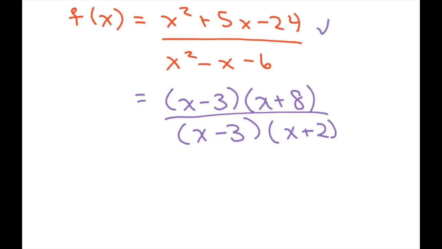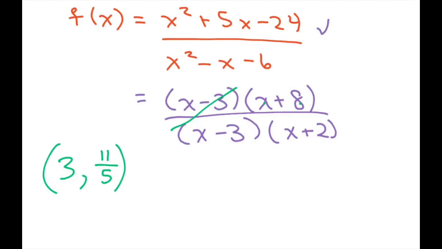So the same thing happens with this one. We're going to have a removable discontinuity here at 3. So that's where x is 3. So plug it back in. So 3 plus 8 is 11 divided by 3 plus 2 is 5.